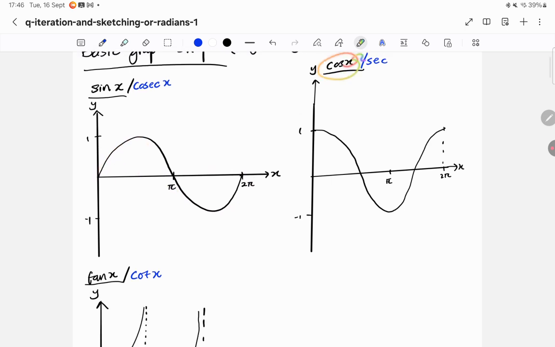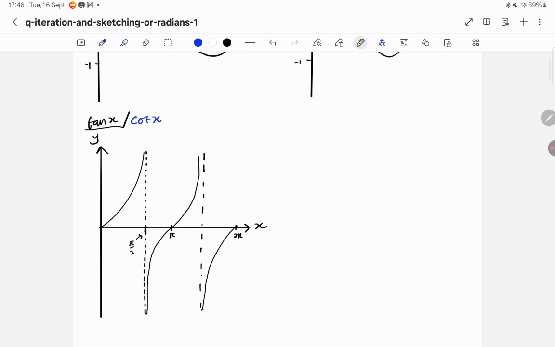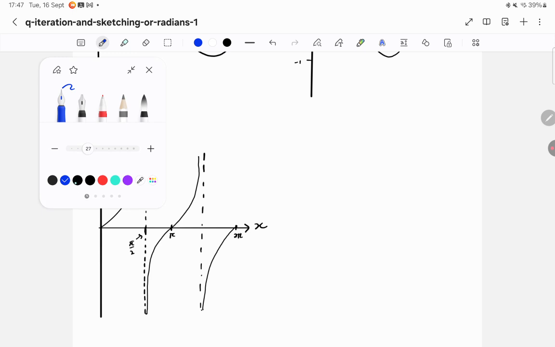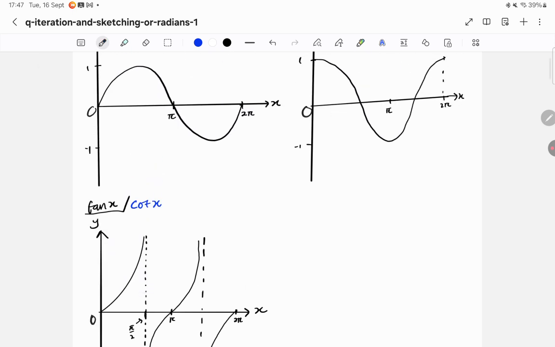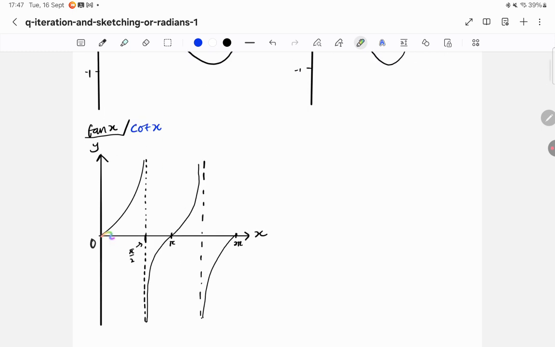Next we have our cosecant graph, where it comes in, dips at a maximum point, and comes back up. These are just the general shapes. And we have the tangent x, where it starts at 0, 0, and 0, and goes all the way to 90 degrees, or pi over 2, where it's infinity.